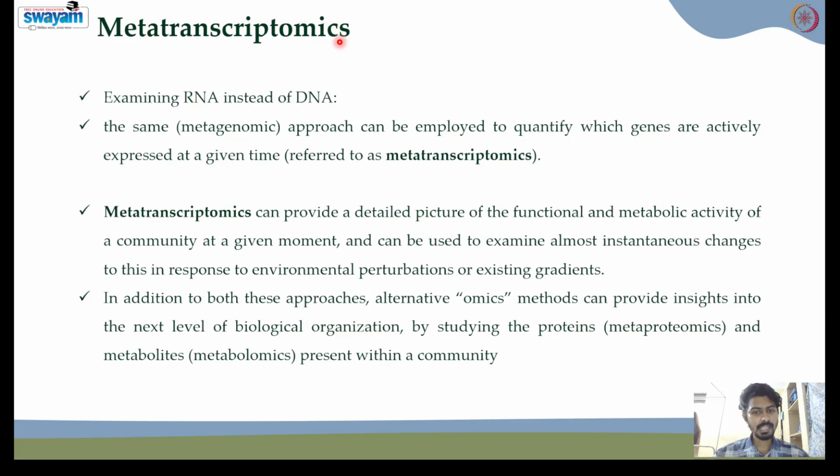So this study we call meta-transcriptomics. It provides a detailed picture of the functional and metabolic activity of a community at a given moment, and it also examines instantaneous changes that happen to the environment in real time.